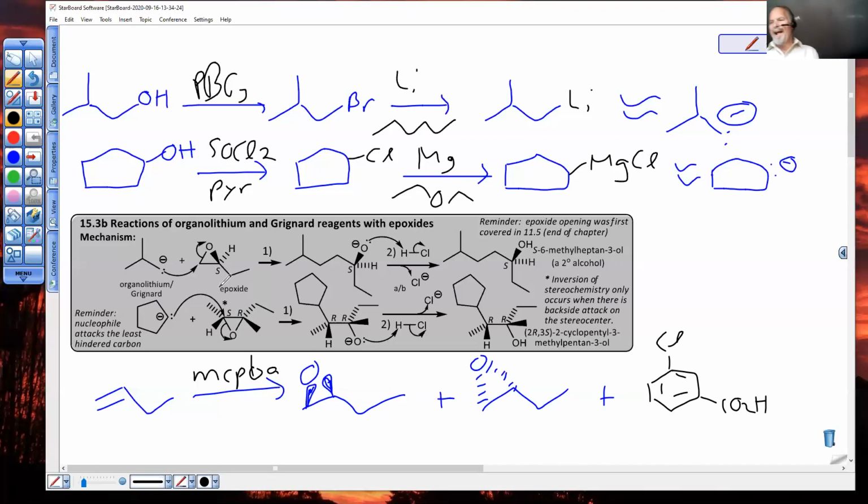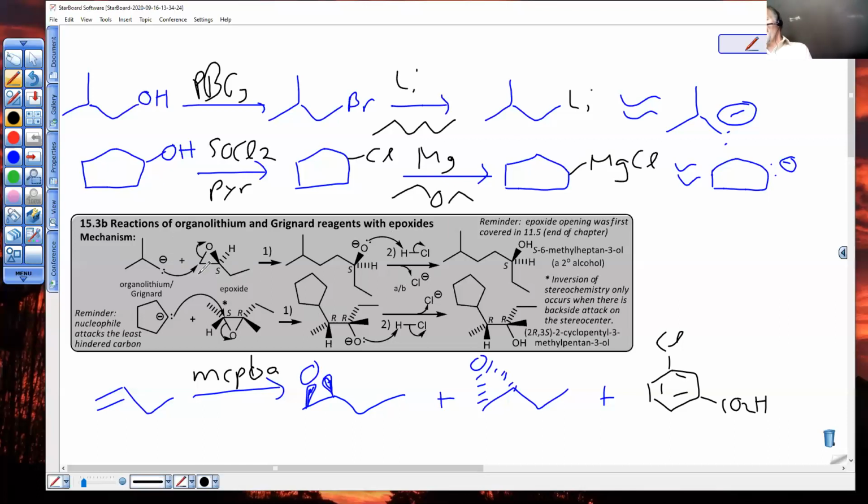And what's going on with the organolithium or Grignard here when it encounters this epoxide? The answer to that question is simply we attack the least hindered carbon and we get this oxide ion here, which we will then protonate using a second step. Remember, you cannot have HCl in the presence of an organolithium.